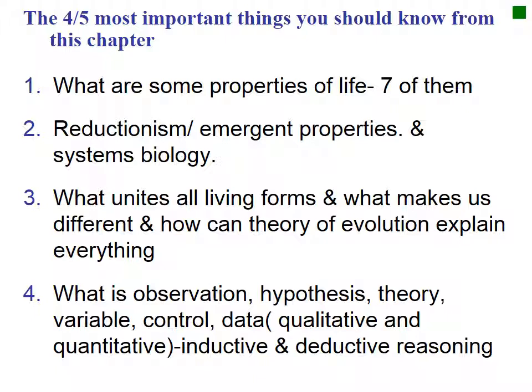Like you should know what's the property of life, what is reductionism, what are emergent properties, what is systems biology, and what unites all the living forms, what makes us different, what is observation, what is hypothesis, what is a theory, what is variable, what is a control, what is data, what is qualitative and quantitative data, the difference between the two, inductive and deductive reasoning.